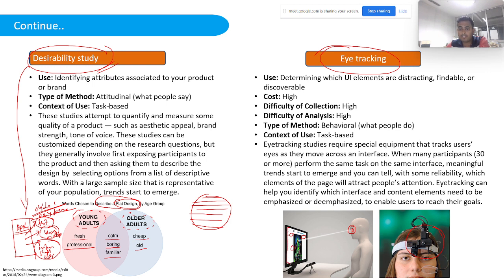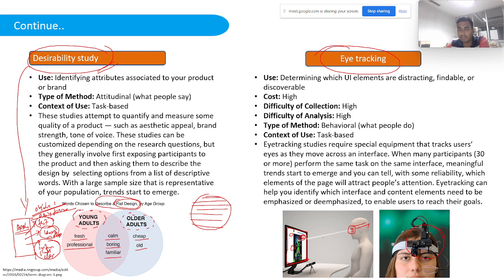Generally these are useful when you try to analyze web applications or mobile applications, and you use this particular setup, and then you ask the user to navigate to a particular feature. And if the user can directly identify a particular feature, that means your design is correct.